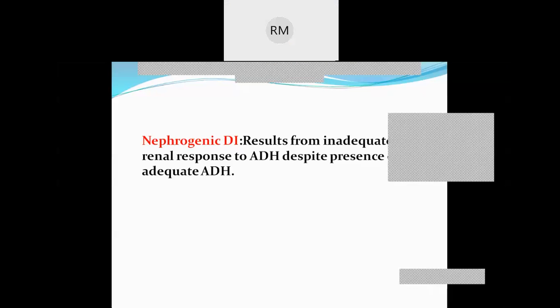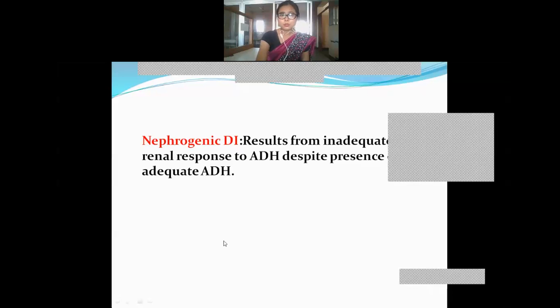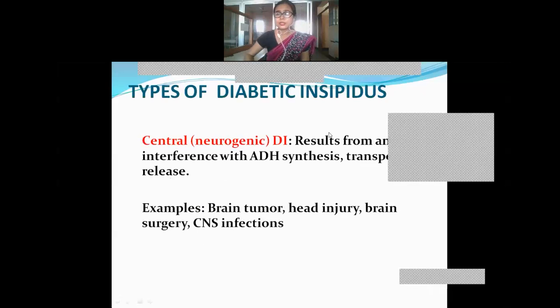Neurogenic. In neurogenic, the problem is with the pituitary. The pituitary gland is the gland which produces the antidiuretic hormone. So what happens here is, as a result of brain tumor or any head injury, the pituitary gland gets damaged and there will not be enough synthesis of antidiuretic hormone. As I have already told, the function of antidiuretic hormone is to reabsorb the water and sodium in the body.